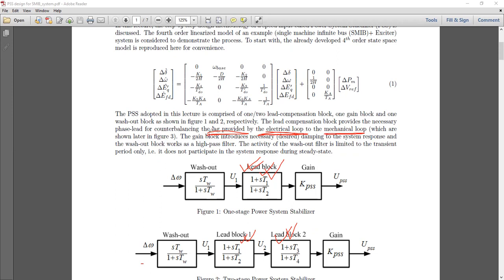So we have to find out how much lag is introduced by the electrical loop. When we get that information, we will be in a position to determine how many blocks would be required. That could only be told after a certain part of the design calculation has been done. So whenever the time comes, I will again mention how many blocks we would need, and then accordingly we will continue the design.